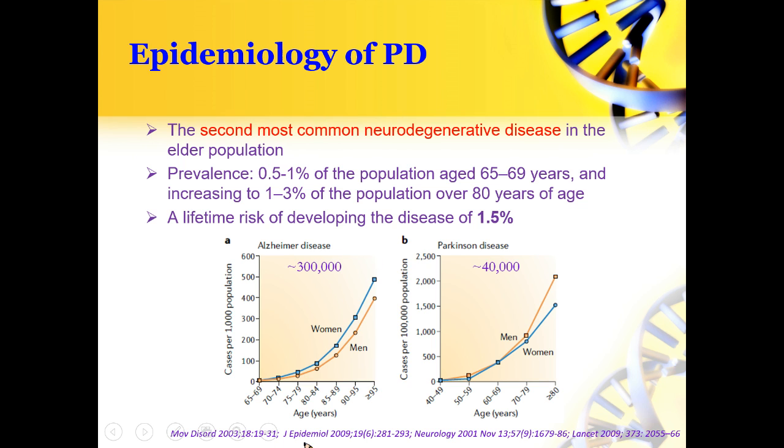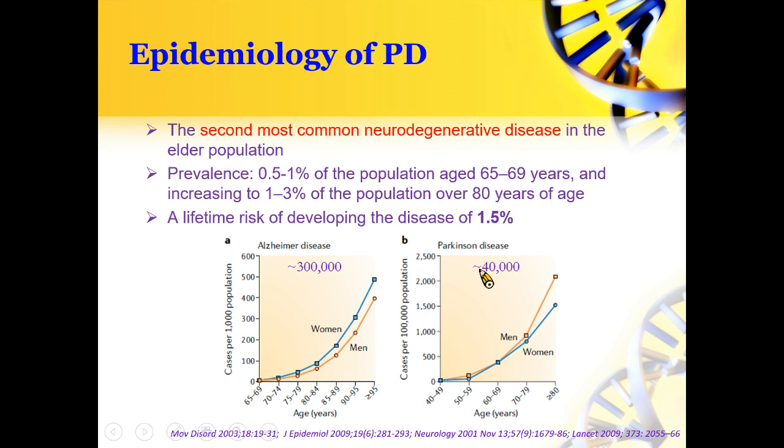Parkinson's disease is the second most common neurodegenerative disease in the elder population after Alzheimer's disease. The prevalence is age-dependent: 0.5 to 1% of the population aged 65 to 69 years, and increasing to 1 to 3% of the population over 80 years of age.